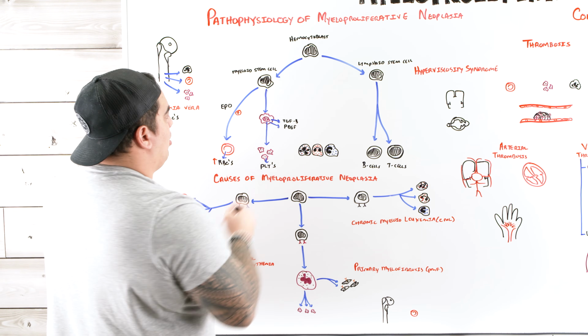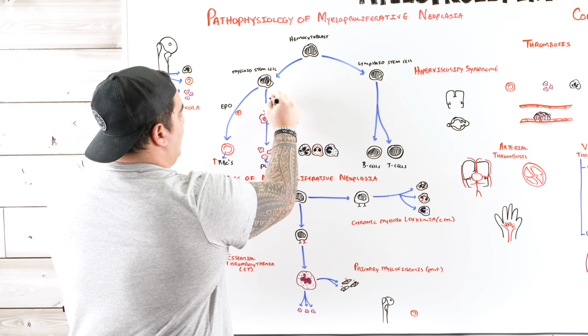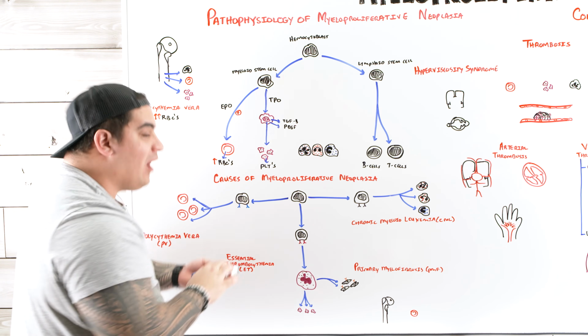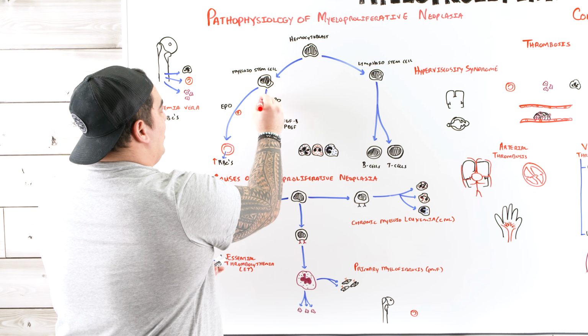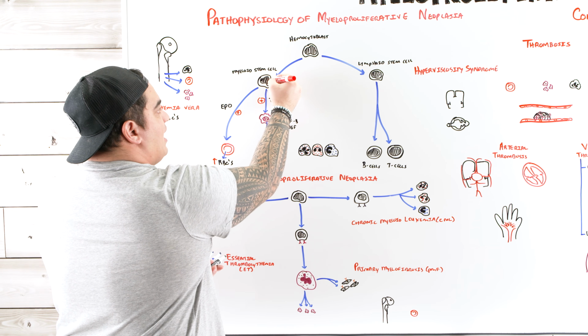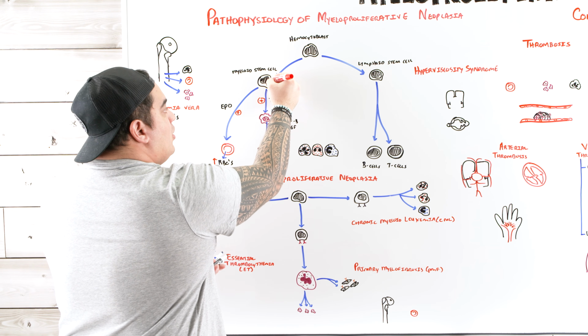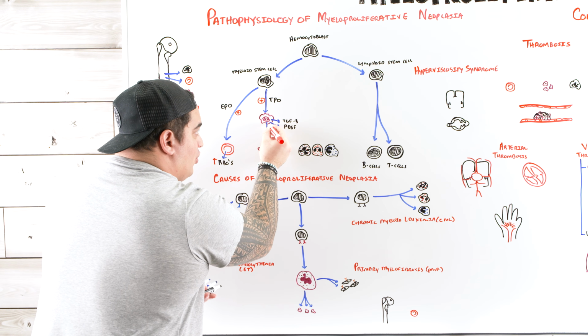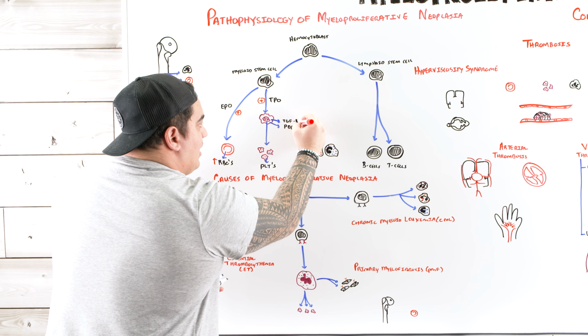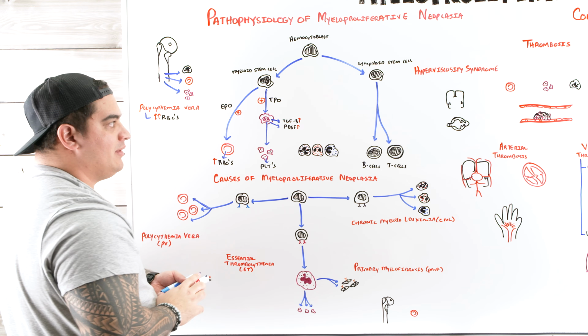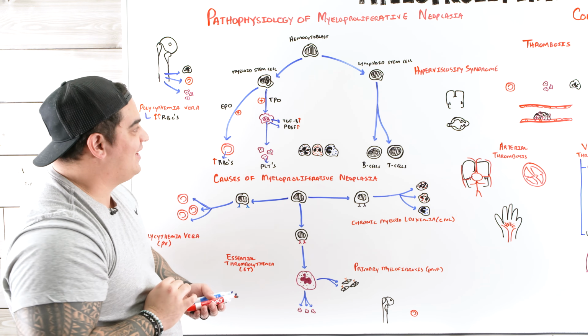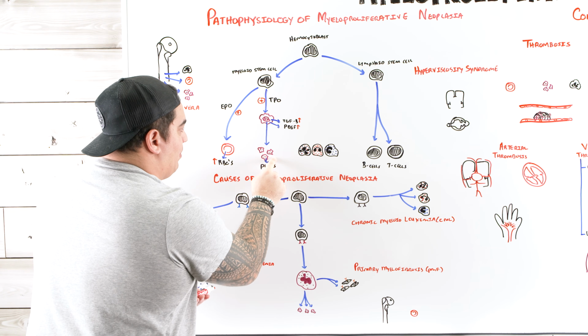Well, it depends upon the presence of a hormone called TPO, thrombopoietin. And thrombopoietin helps to stimulate the receptors on the myeloid stem cell to proliferate and differentiate into megakaryocytes. And these megakaryocytes will release these types of cytokines in certain scenarios, or they can differentiate into platelets.